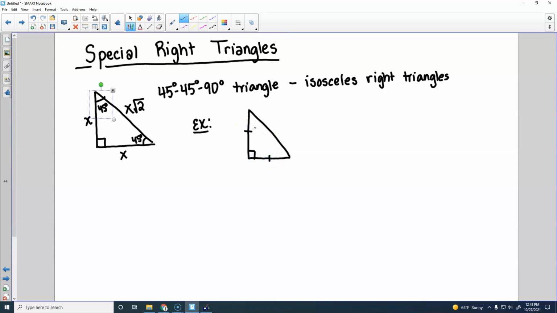They might just mark that these two sides are the same, and they might tell you this side is 6, and put a question mark or an x over here. If they mark that these two sides are the same, it doesn't tell me that this is a 45, 45, 90, but these two angles have to be equal to each other if that's the case. And since this one's already 90, these two have to be 45 and 45. So if I know one of the sides, to find this missing side right here, I just have to do 6 square root of 2.